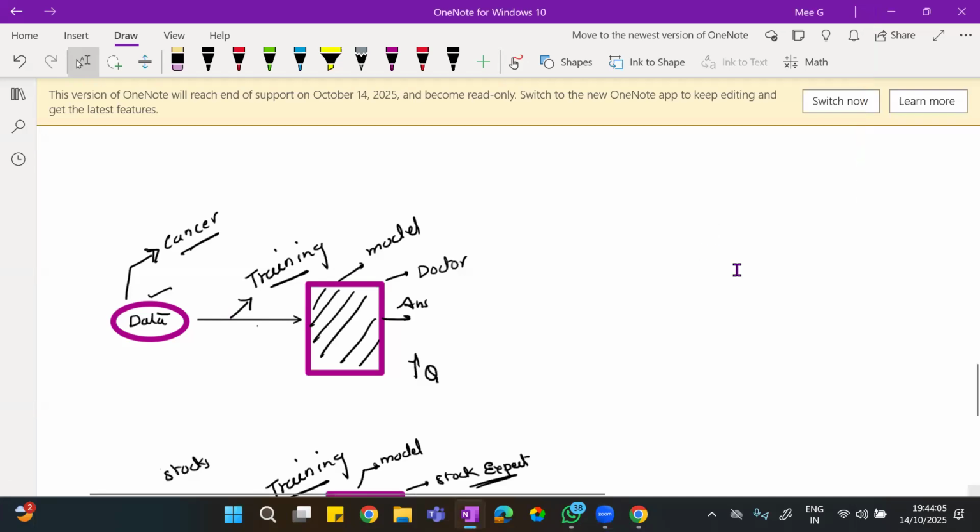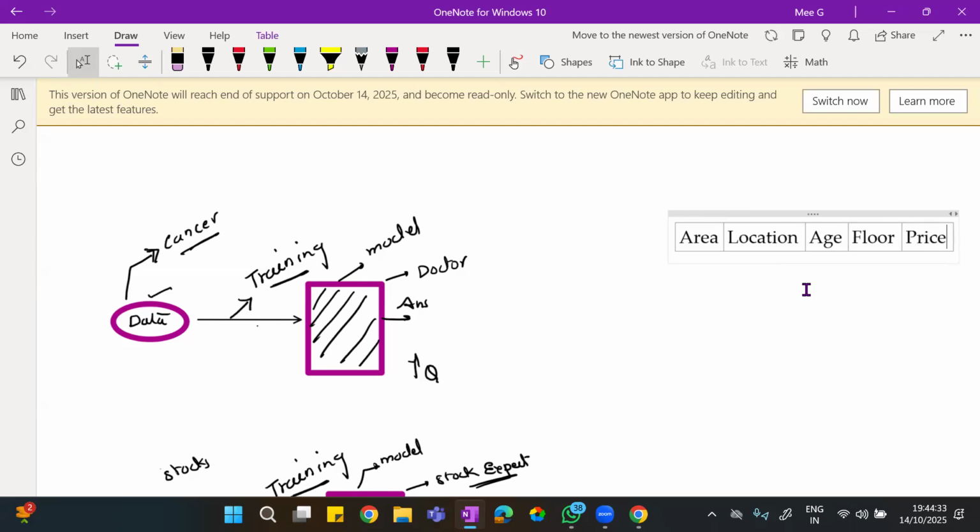Now, here I'll give it as, let's take a small data set which has the area of a flat, location of the flat, age of the flat, which floor the flat is on, and price.